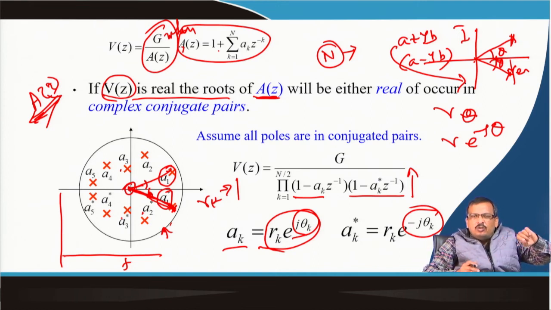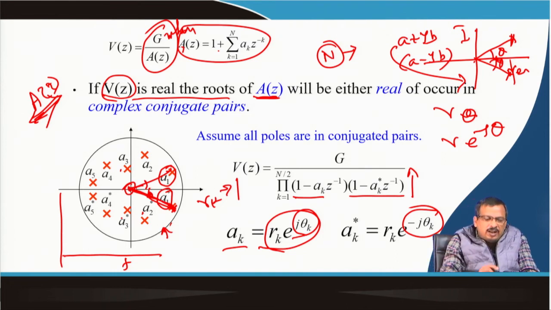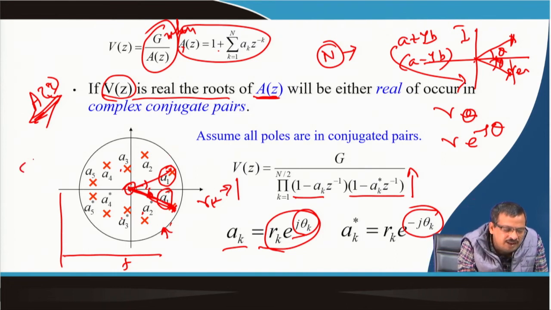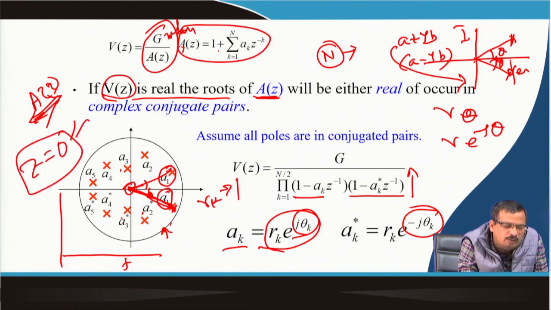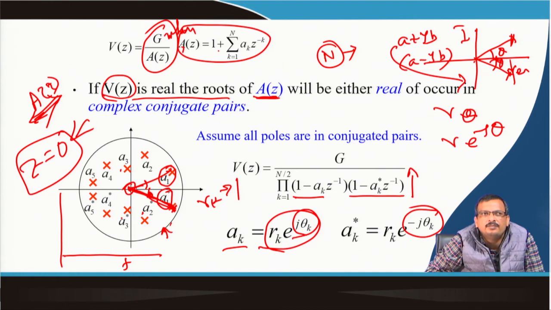If the Rk value tends to 0, then the oscillation will die down quickly. When a pole is at Z equal to 0, what is its contribution? Oscillation is there, but the Rk value is equal to 0, which means bandwidth is equal to 0. So, I get infinite power at a particular frequency, the resonance frequency, but when the Rk value is not 0, I get a bandwidth of the formant or resonance.